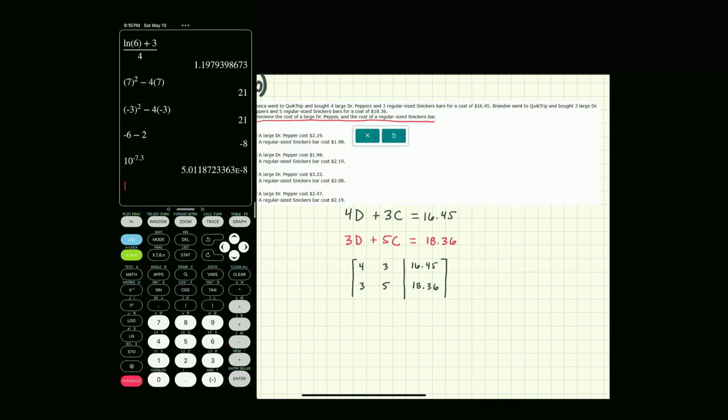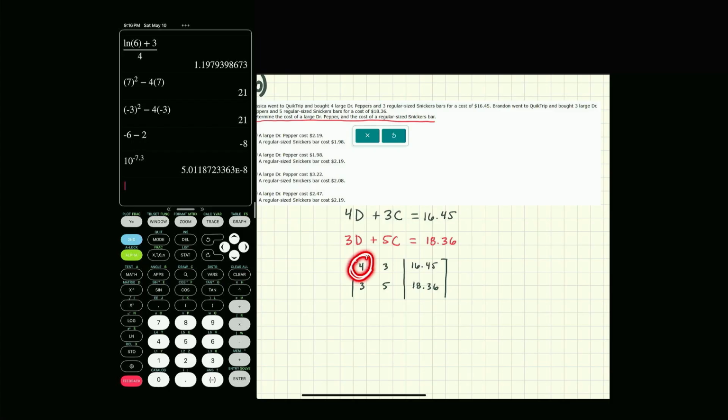Now at this point, remember the goal is to get ones on the diagonal and zeros in these places here. So I think I'll start by getting a 1 right here. Anytime you want to get a 1, you're going to be dividing by whatever number is sitting in the place that you want that 1.